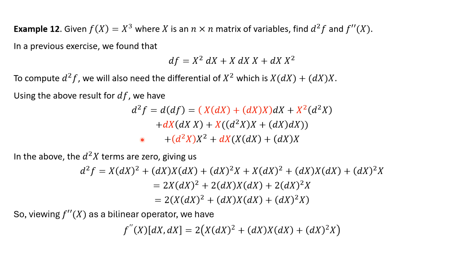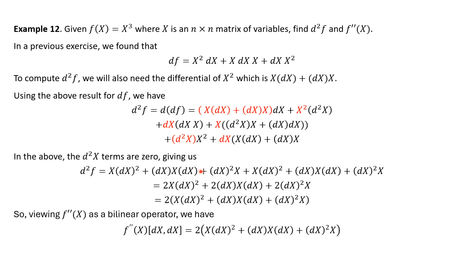If you're interested in the explanation, just go to an AI program such as ChatGPT or Grok or DeepSeek and ask why the second differential of x equals 0, and you'll get an explanation. But again, it goes beyond the scope of this course, so I'll just ask you to accept that it's 0. So this is 0, this is 0, and this is 0.